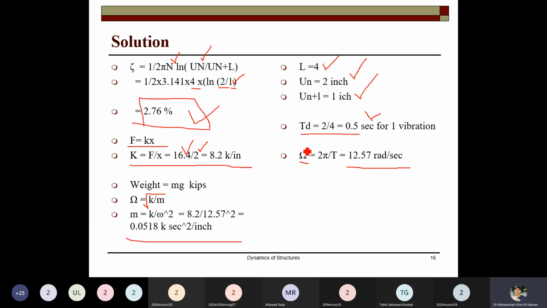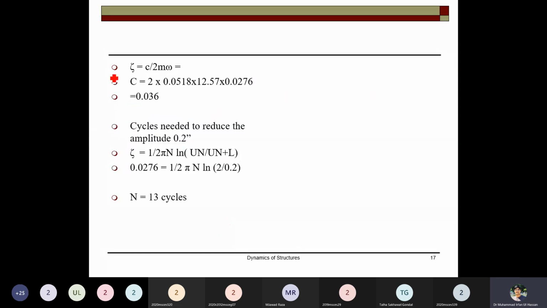So this is actually omega, due to the symbol. So we can determine all the properties of the system.